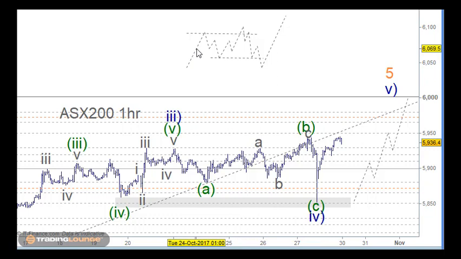In an expanded flat as well, the B wave here takes out the top of this one here, and the distance it takes that out is normally the distance it will take the lower end out here as well. So that's what we've ended up with, and it's basically in our target range, because initially we were looking for a pullback into this low here of wave 4 of 1 lesser degree, or the 38.2% retracement level.